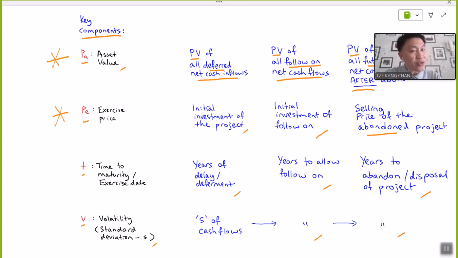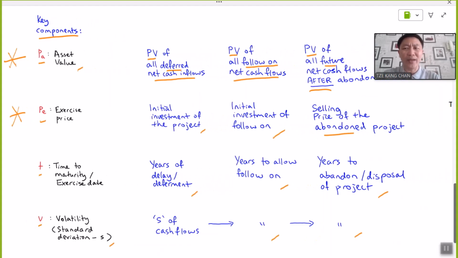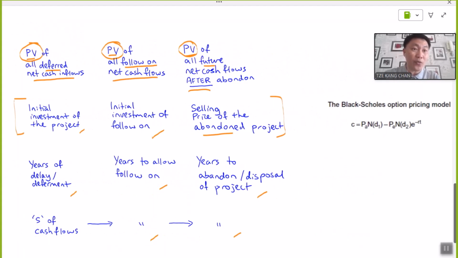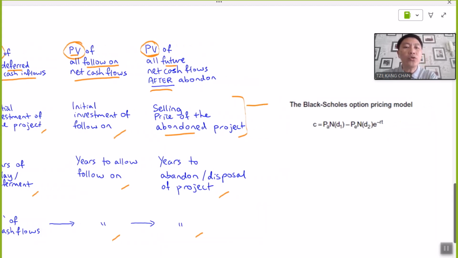Before we take a look at the demonstration, some of us may be wondering, value of the assets for all types of option will all have to be converted into present value. Don't you think so? By right, the exercise price should also be converted into present value to have a fair comparison. Why is that not stated as a present value here? The answer is, all these amounts representing the exercise price of all these options will also be converted into present value.